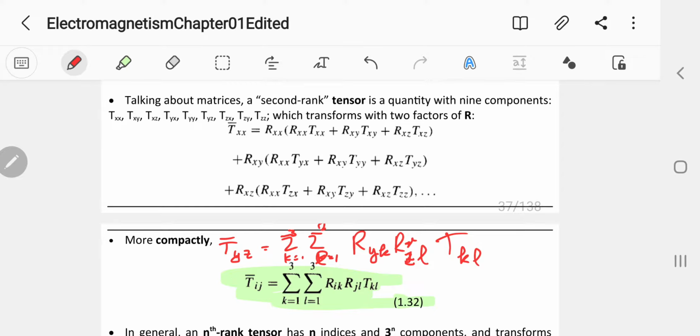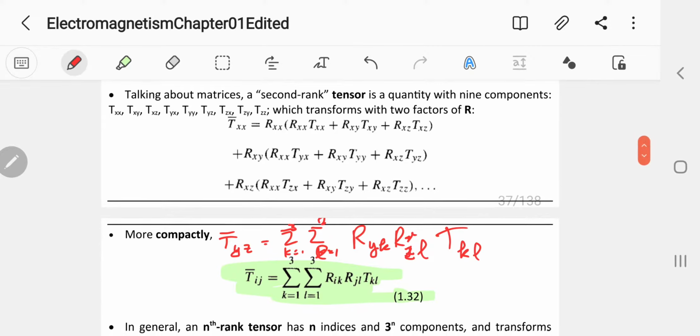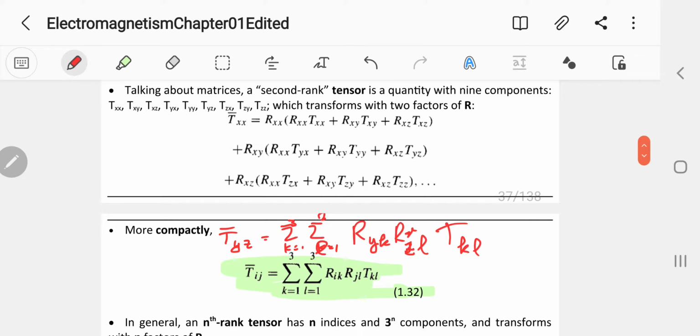You have 9 terms, of course. Actually, it's more than 9 terms, by the way. It's 27 terms in this case.